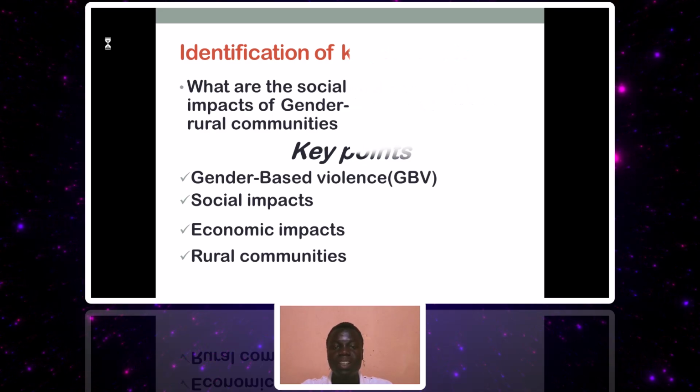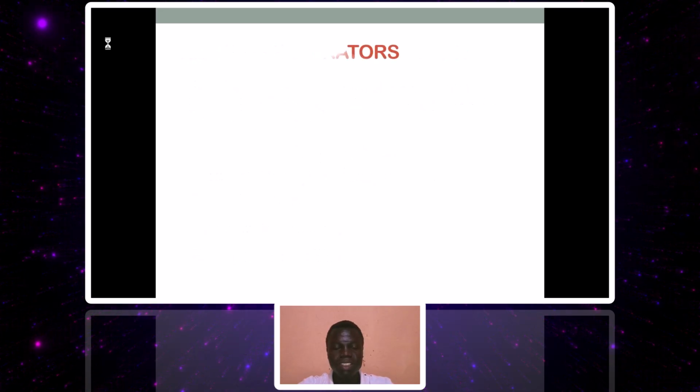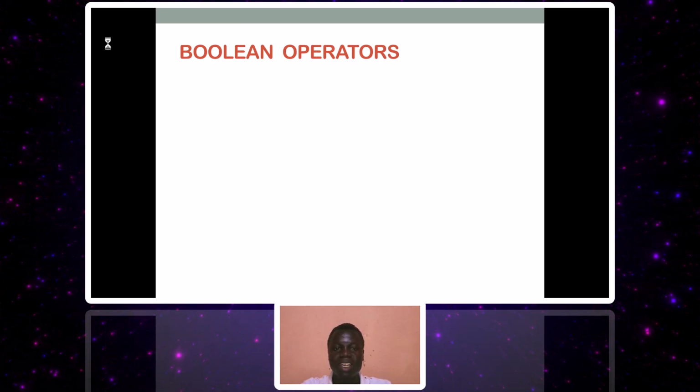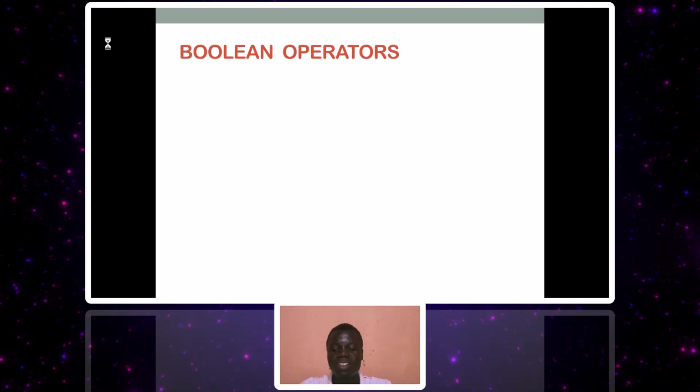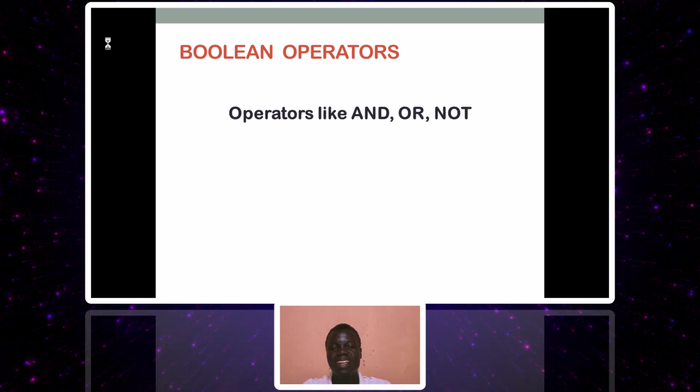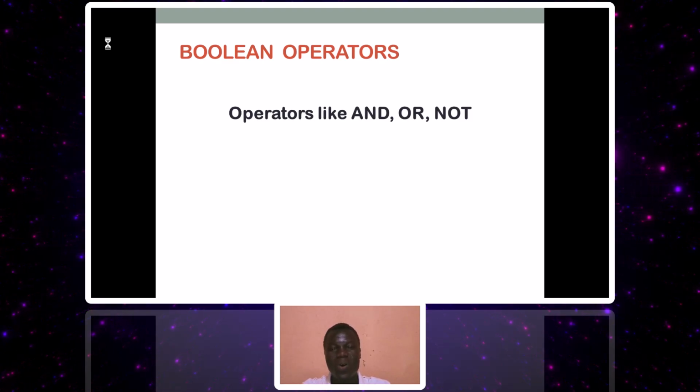Therefore, let us briefly now look at what we are mainly going to focus on, and that is Boolean operators. What these Boolean operators are. Boolean operators are operators like basically AND, OR, NOT.